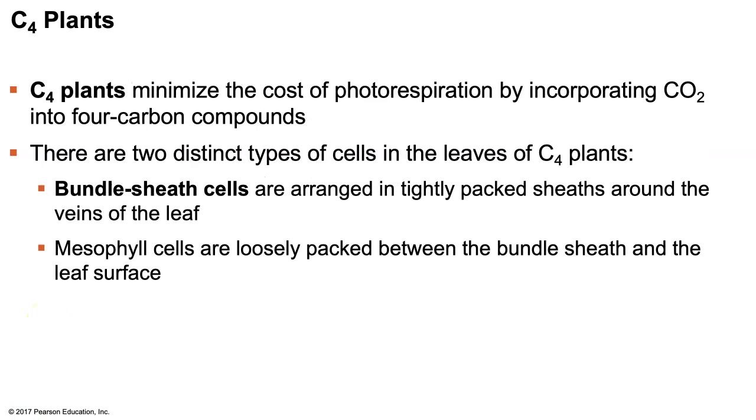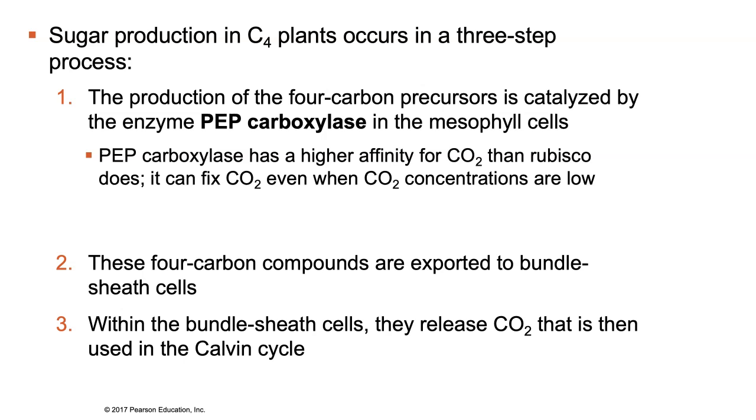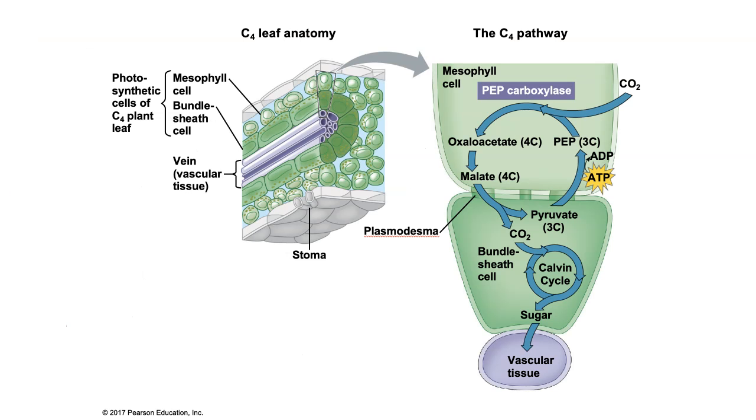Now, C4 plants are fixating carbon dioxide into a 4-carbon compound. Let's just look at the picture. So what they do, so this is the carbon dioxide that's coming into a cycle before it gets into the Calvin cycle. So it uses a different enzyme for this, PEP, phosphoenolpyruvate carboxylase.